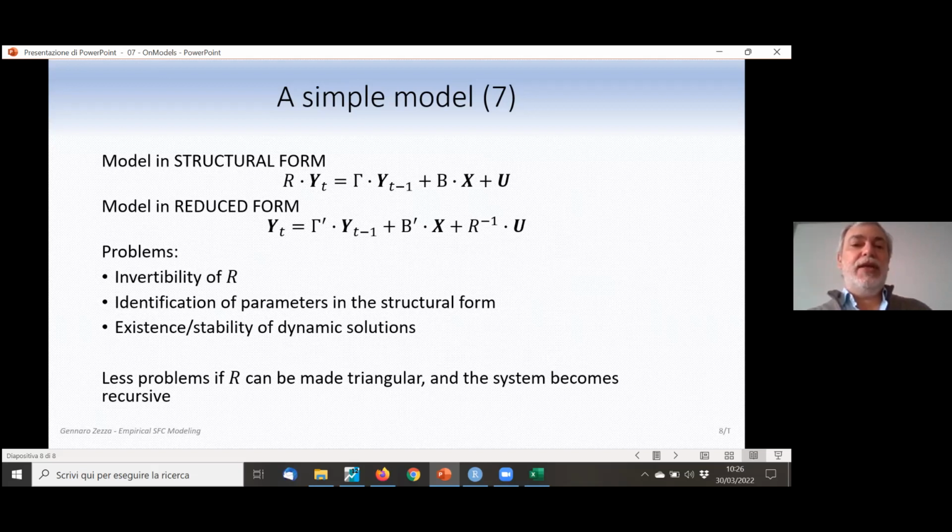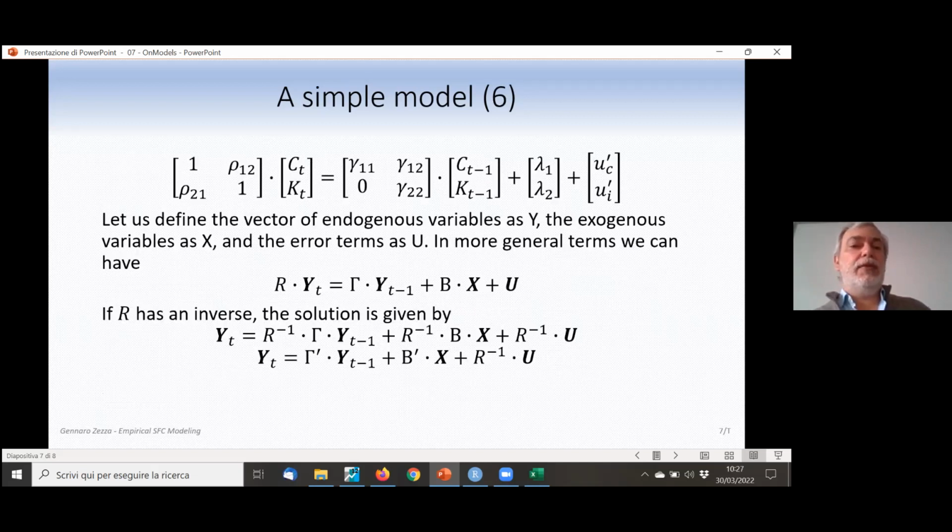The other is that this R matrix is what is linking our endogenous variables.